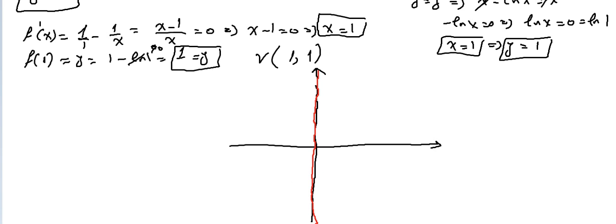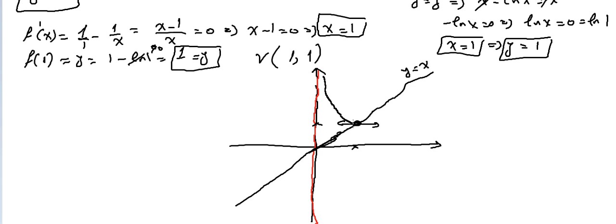We have y equals x, which is the first bisector. If we draw it, this is y equals x. We have abscissa 1, ordinate 1, this point. It will go down like this, with the asymptotic direction here and the asymptote here.